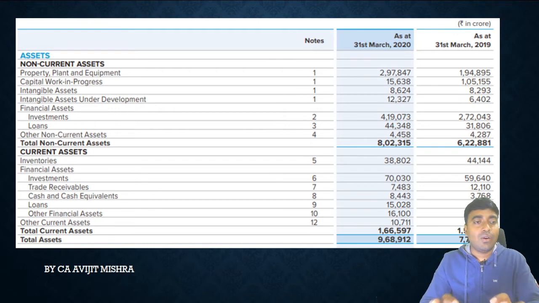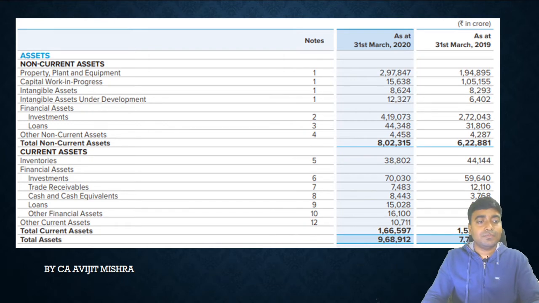Intangible asset is all the intangible assets the company is having. Financial asset is basically loans and investments the company has given. It's the more risky area, you have to dig into that. If the company is giving loans to any related party, any director or any auditor, that is bad news. We'll analyze later, but for the time being, you understand all these things.